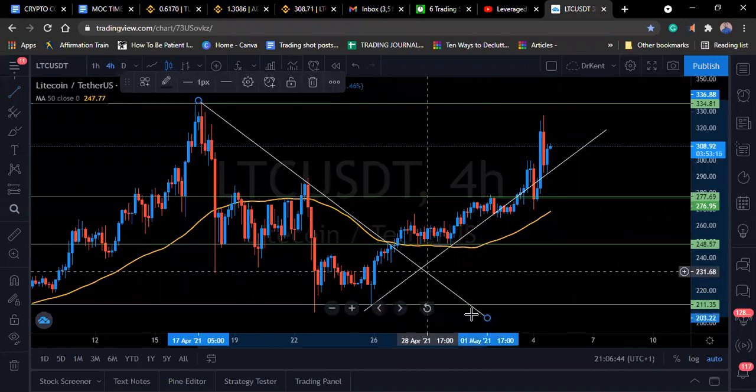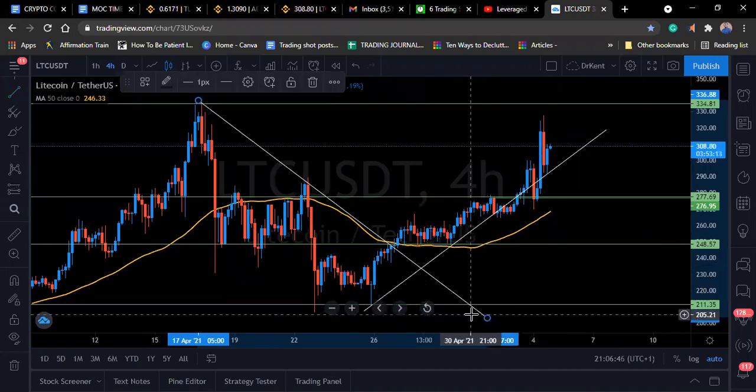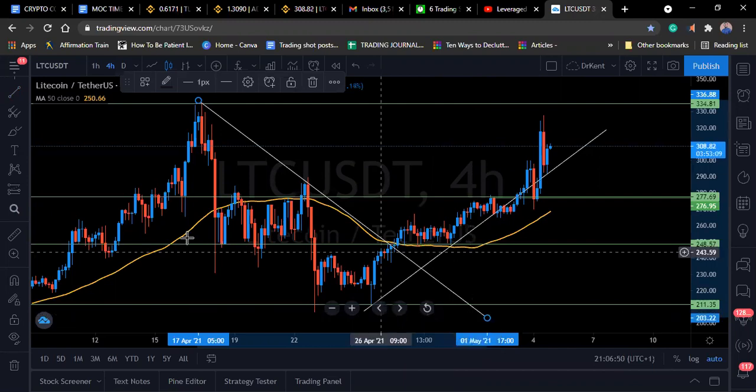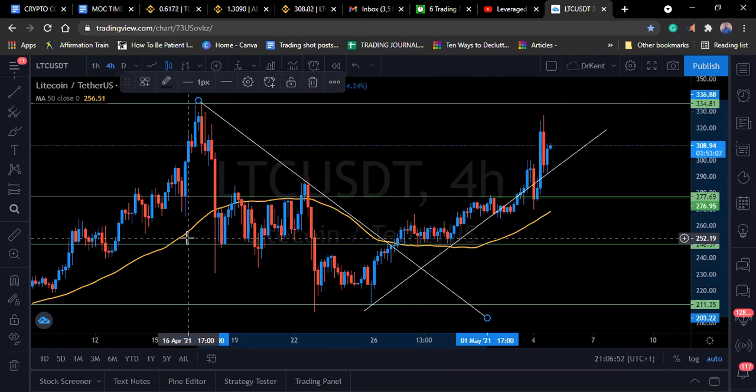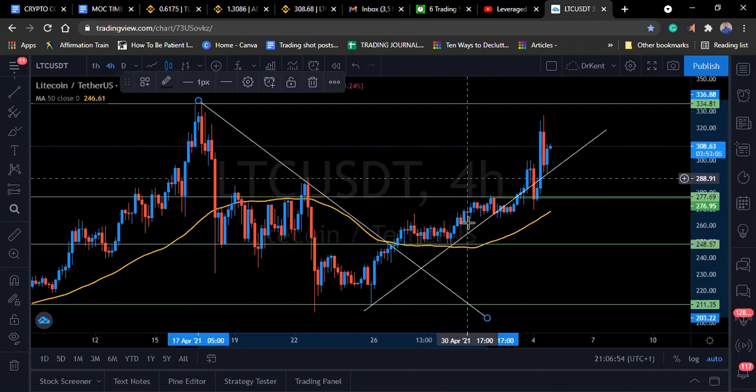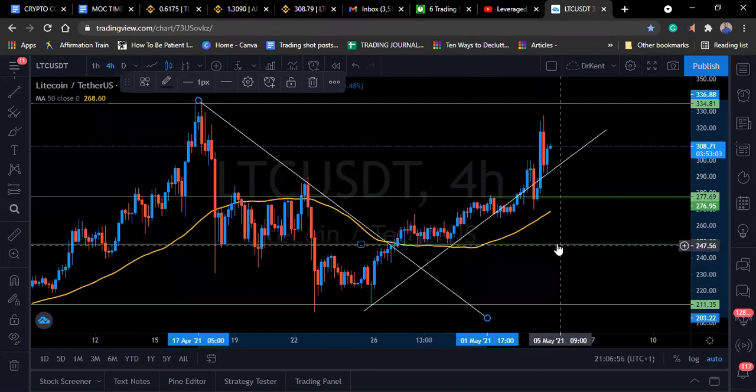These are static. They play a very key role. They are important, but these moving averages too serve a role that sometimes complements the horizontal and diagonal support and resistance levels. They are supposed to complement each other.